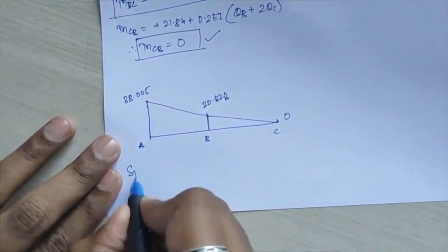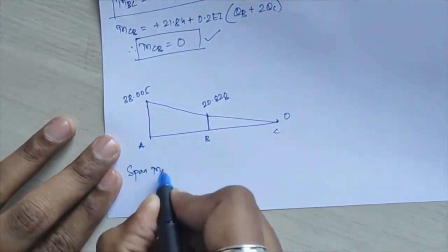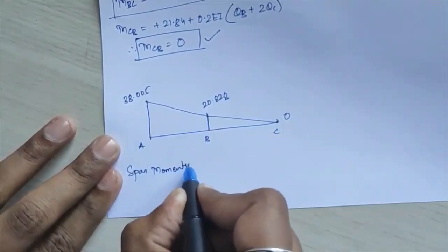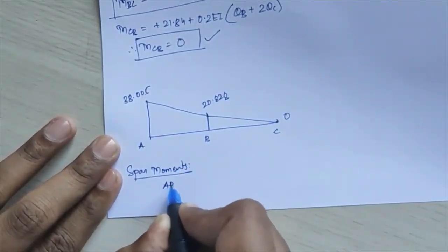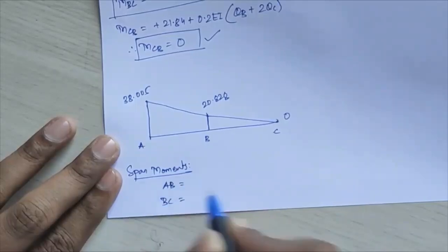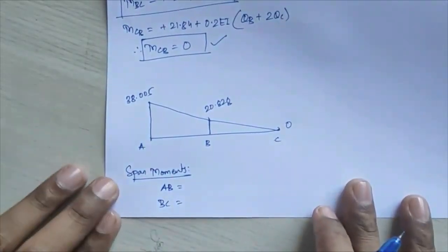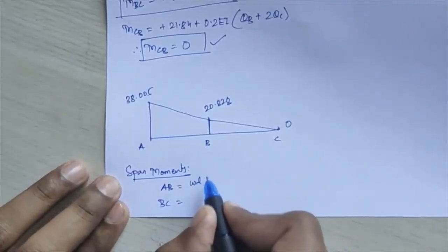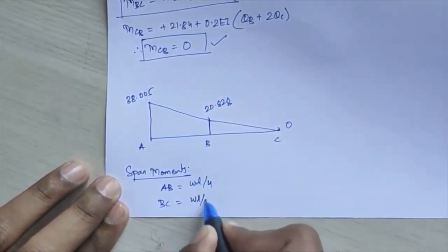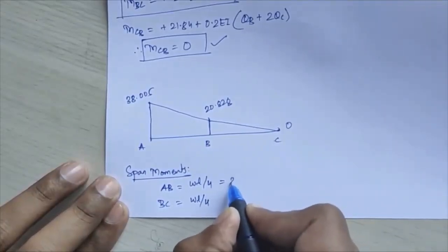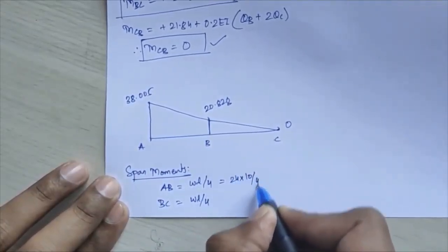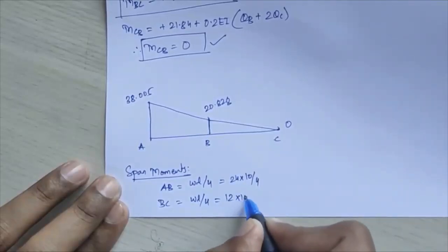Next, we will calculate the span moments, for AB and for BC. In both spans we have a point load, so you will get WL by 4 and WL by 4. This will be 24 into 10 divided by 4, and this will be 12 into 10 divided by 4.